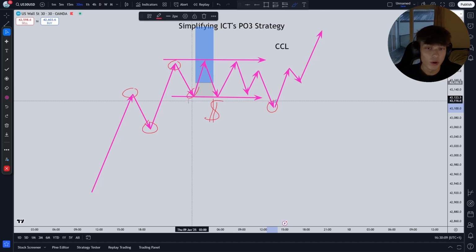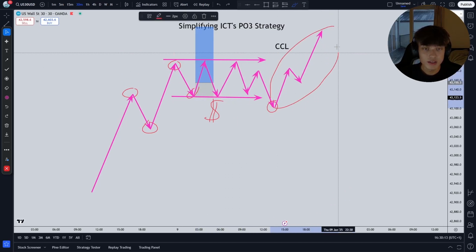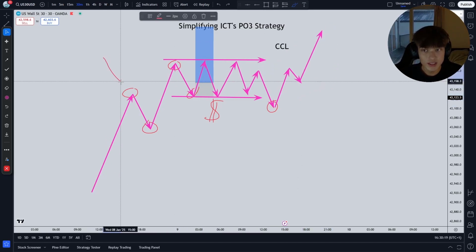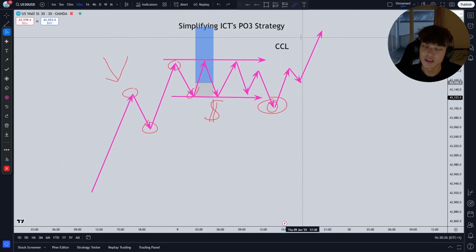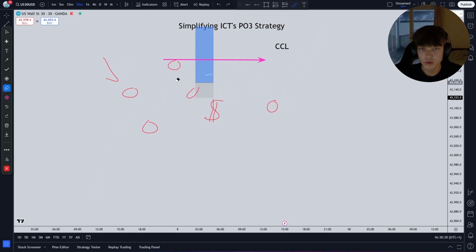When all the retail traders have hit their stop losses, price moves in the continuation phase again. So it stops out everyone and then goes in the other direction, following the daily bias, which in this case is bullish. So continuation, consolidation, liquidity, continuation, and then it just goes over again. I hope that makes sense. Let's get into some breakdowns real quick. Let's delete this.